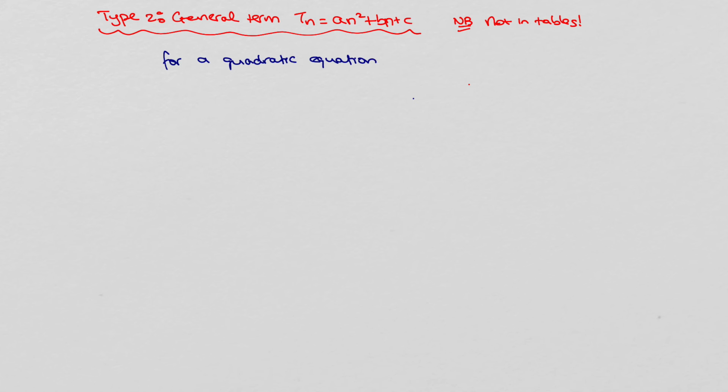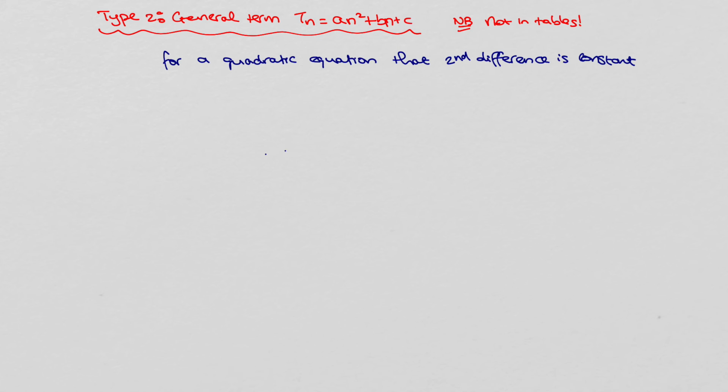So we know for a quadratic equation that the second difference is constant. And we need to know, well, what is that constant? So let's look at 3 consecutive terms.